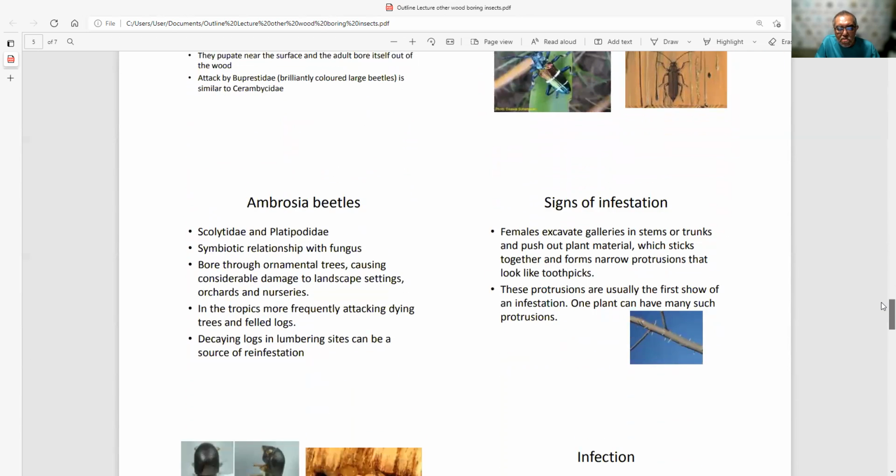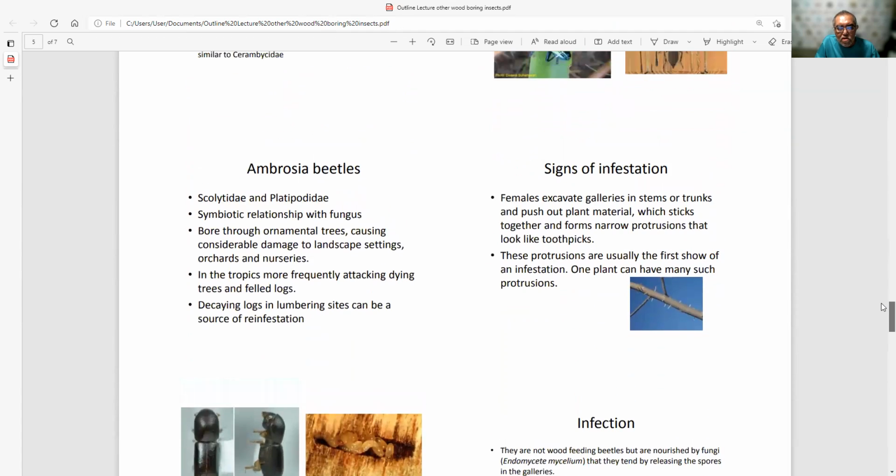Okay, the next one is Ambrosia beetle, and there are two families listed here: Scolytidae and Platypodidae. Symbiotic relationship with fungus. This is particular because they develop a symbiotic relationship with fungus. Why do they do so? Because they actually feed on the fungus.